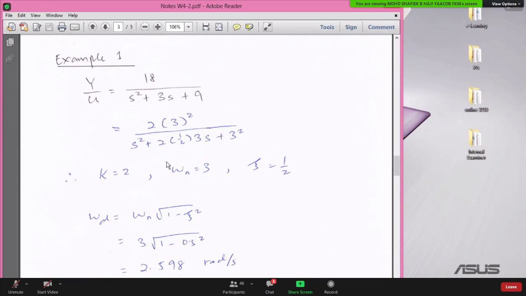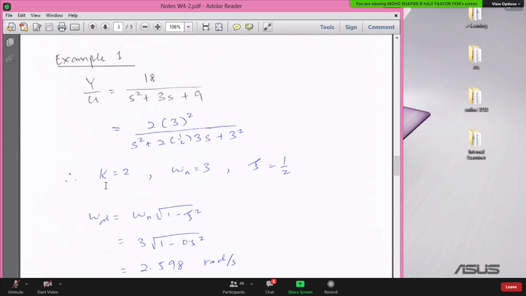So this is in the format of k omega n squared divided by s squared plus 2 zeta omega n s plus omega n squared. You just compare with the standard format. So here you can see that k is equal to 2, the gain, omega n is equal to 3, and the damping ratio is equal to 1/2.